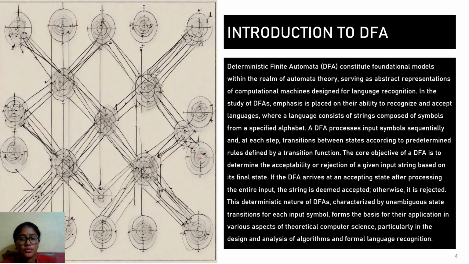A DFA processes input symbols sequentially, and at each step transitions between states according to the predetermined rules defined by the transition function. The core objective of a DFA is to determine the acceptance or rejection of a given input string based on its final state.